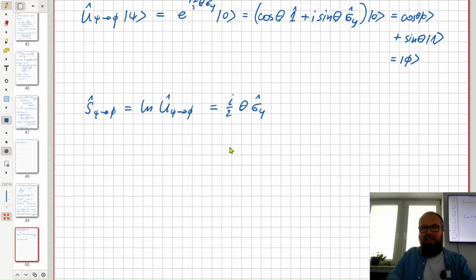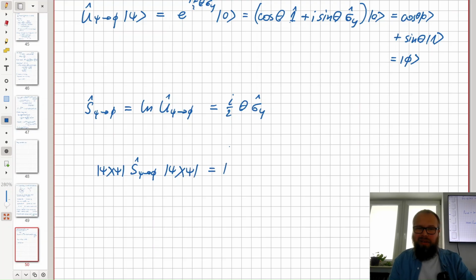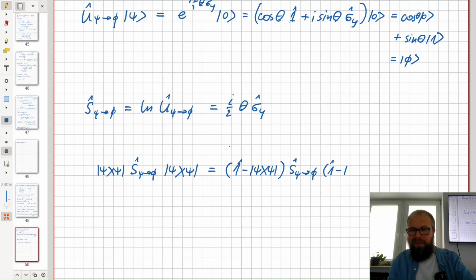It is block off-diagonal in the sense that if I do the projection onto the psi subspace, the one-dimensional subspace, of this S phi to phi, or I try to do the projection onto the complementary subspace of this S phi, this will be 0, which you can check.